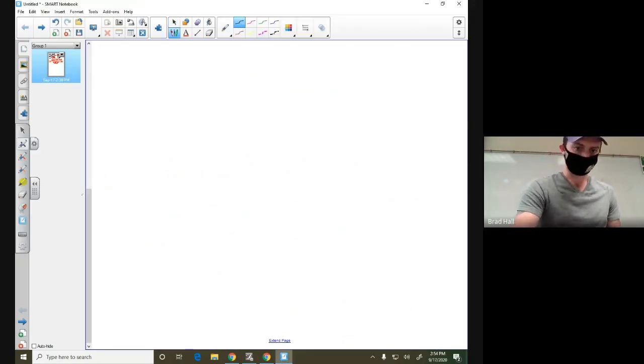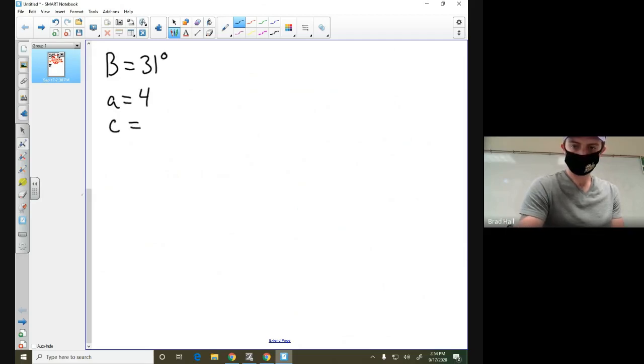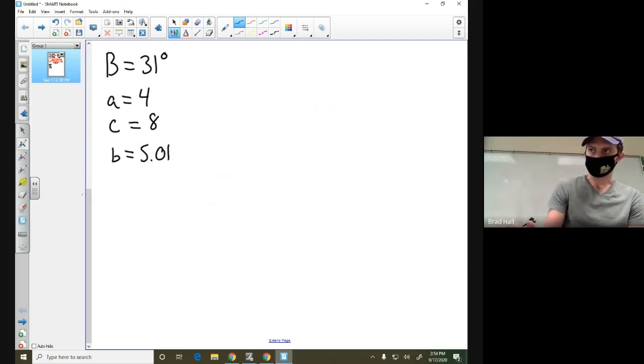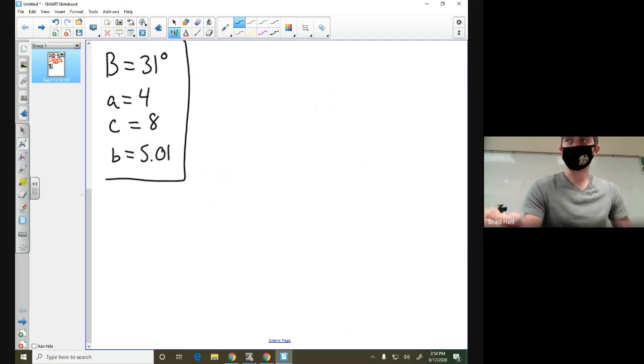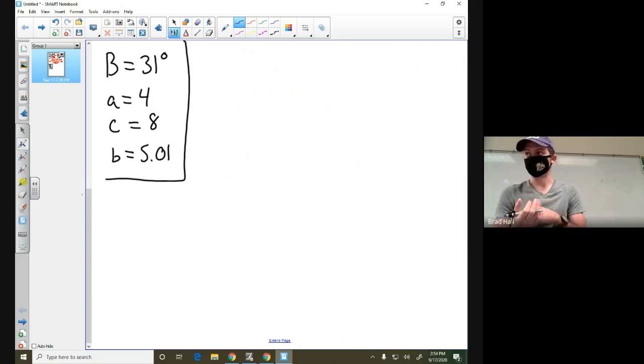Someone who has their notes, can you call out the numbers for me? Big B equals 31 degrees, little a equals 4, and little c equals 8. And what did we just find for little b? 5.01. All right, so this is where we were at in the problem. What about if I asked you to solve the triangle? What would you do?